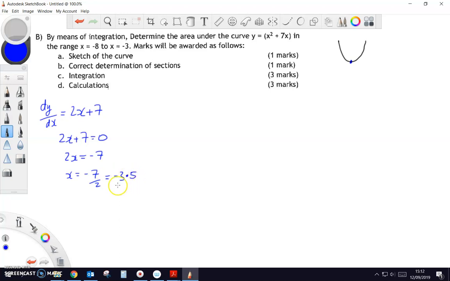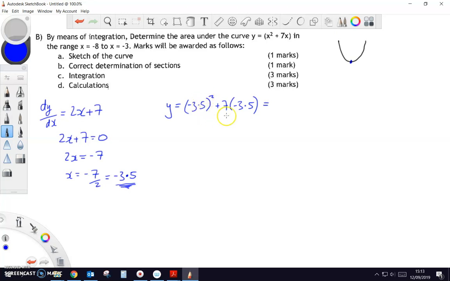And that there is the x part of our turning point. To get the y part, we go back to our original y function and we put in minus 3.5 for x. So minus 3.5 squared plus 7 times minus 3.5. And we figure out what that comes to using the calculator.